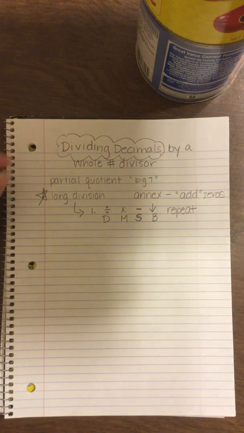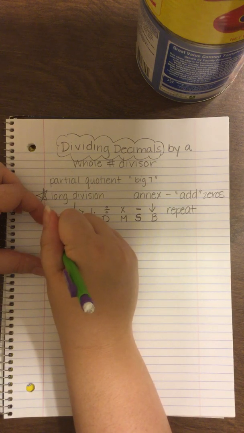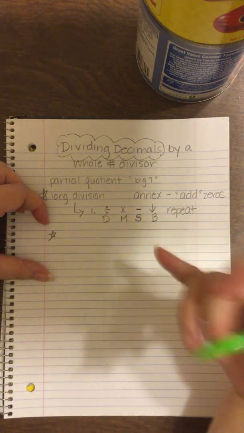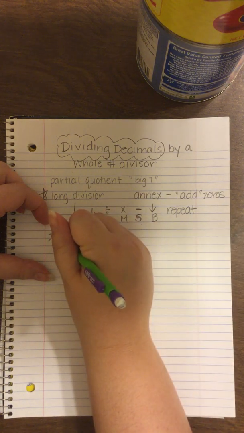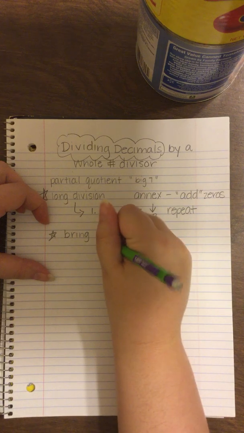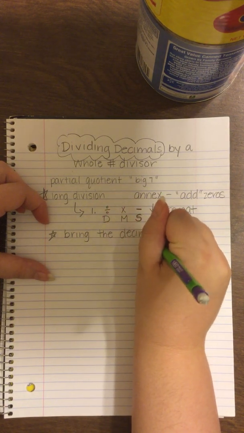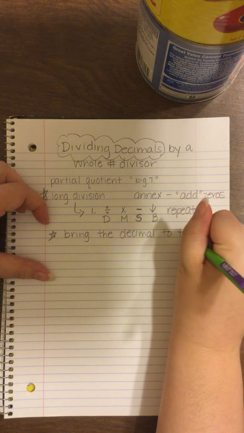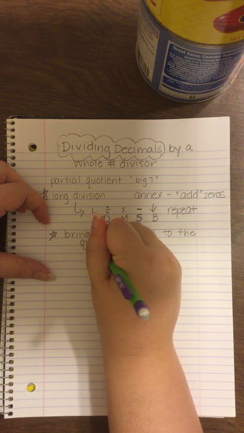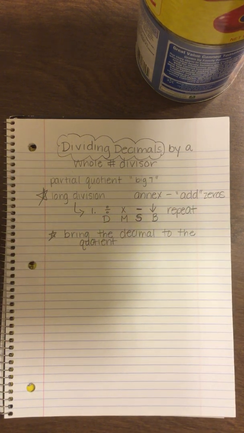Okay? Now, with division, the only thing that we have to do is we divide as if there is no decimal point. The only thing we have to do is bring the decimal to the quotient. We have to raise it up to the top in our decimal problem.